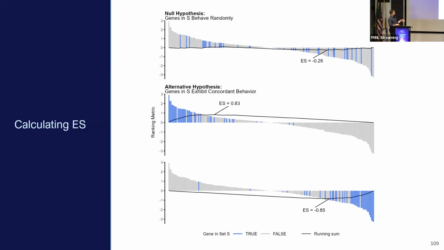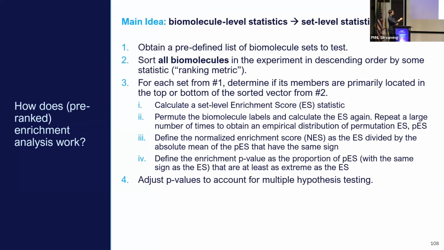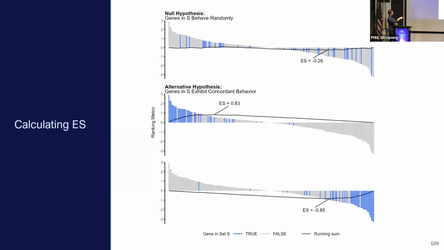We can't say that a gene set is primarily upregulated or primarily downregulated here. At the bottom, this is also what your permutations would look like. So if you're randomly permuting the labels, the genes would be distributed throughout like this. So this is what permutations would actually look like. And then these are examples of sets that are primarily upregulated and primarily downregulated.